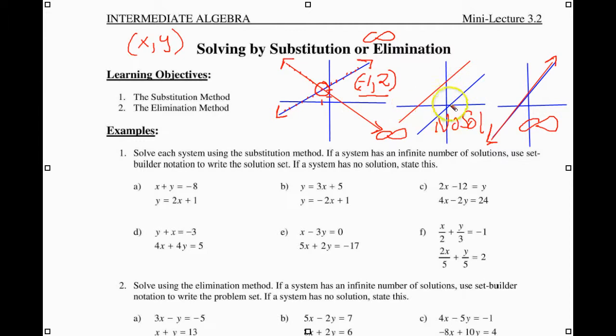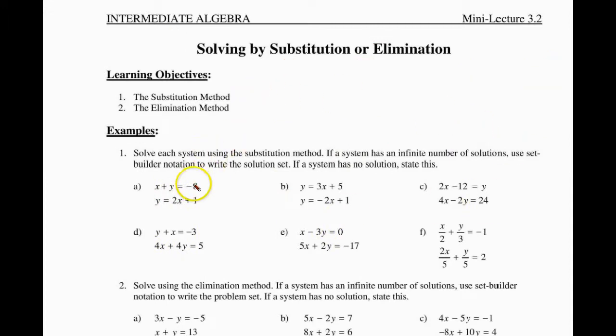If there were no solutions, the lines would be parallel. And if it's the same solutions, there's the same lines, it's an infinite number of solutions. So this is what we're going to get, and we're going to use algebra instead of graphing to figure out what we have here. So let's take a look at our first one.